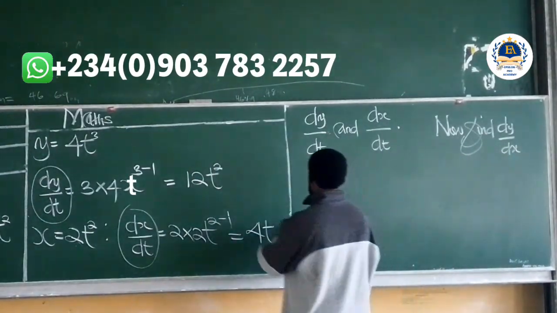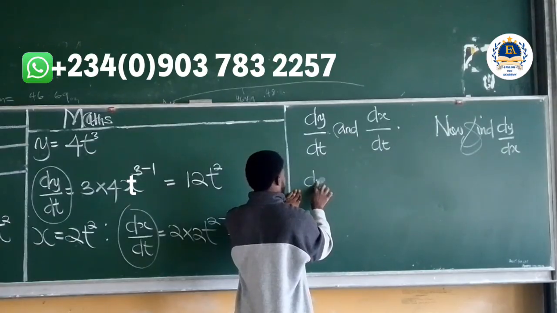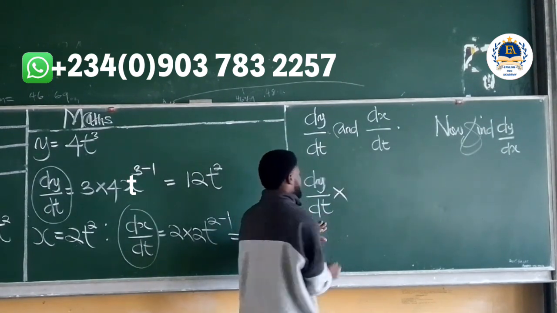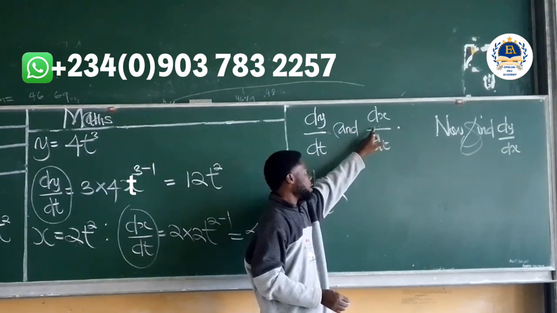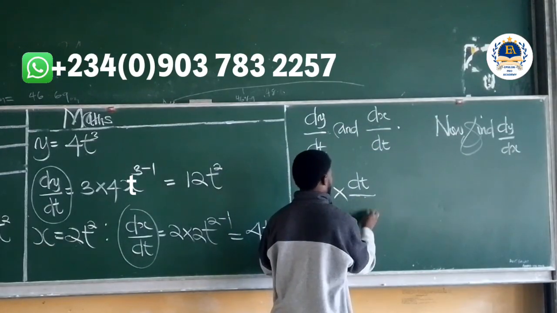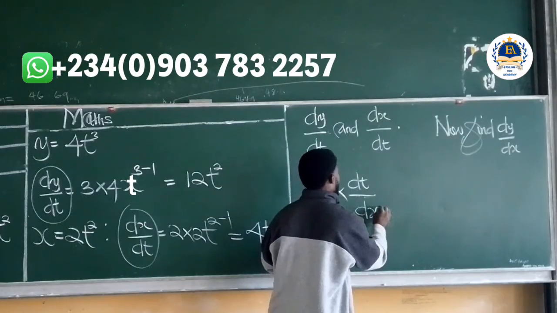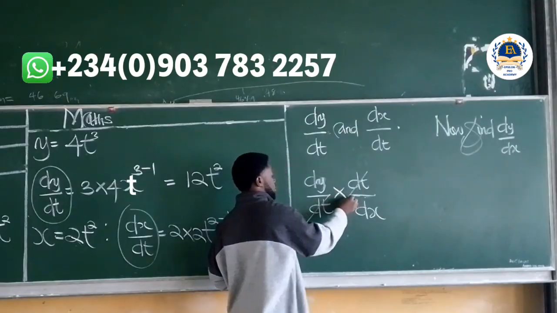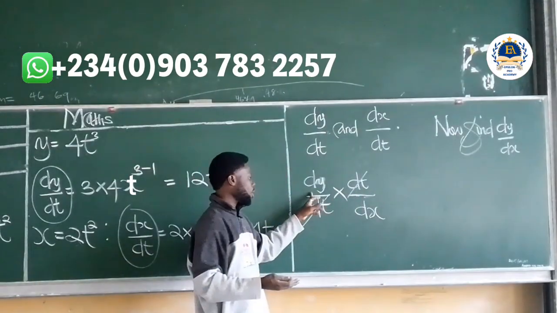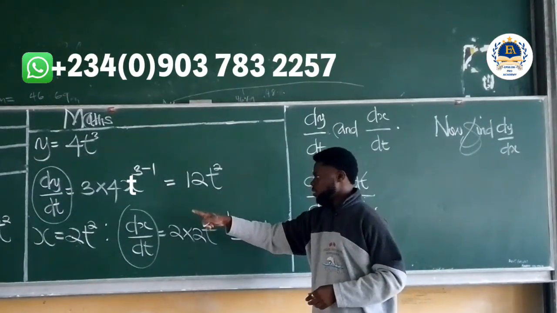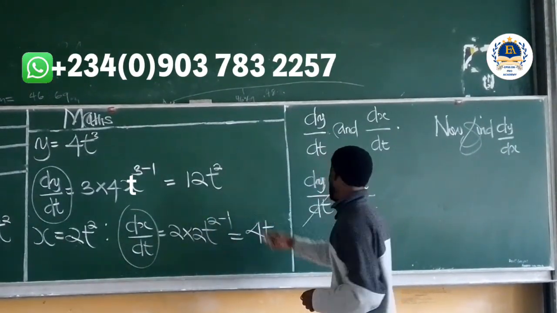So that becomes dy over dt times dt over dx. So at this point, this will cancel this, and we are going to be left with what? dy over dx.